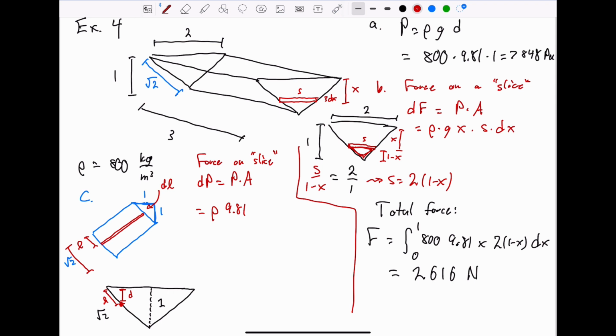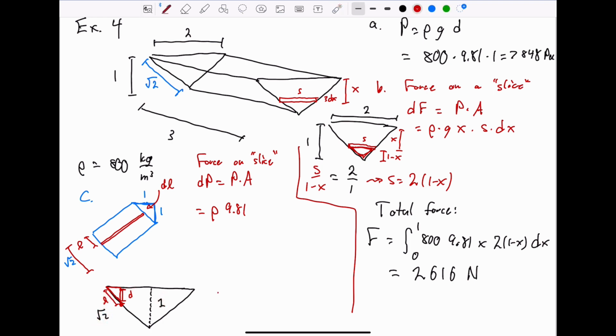Now notice that we have a small triangle here that is the same shape as this triangle here. We have two similar triangles, a small one here and the larger one here. Since we have similar triangles, we can relate the side lengths using the ratio of corresponding sides.